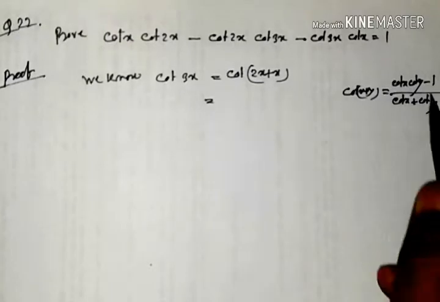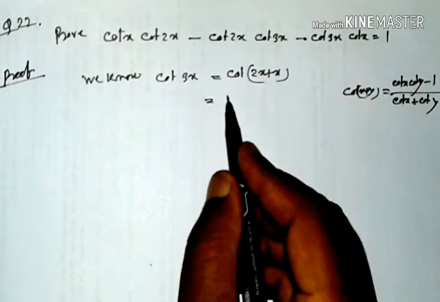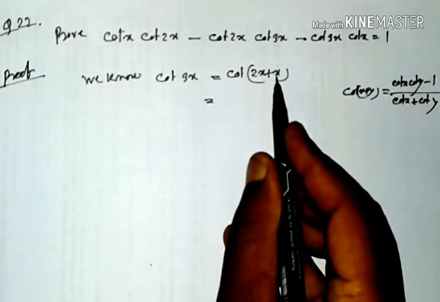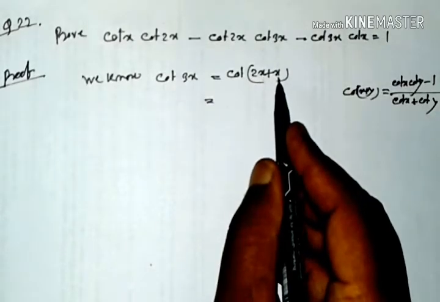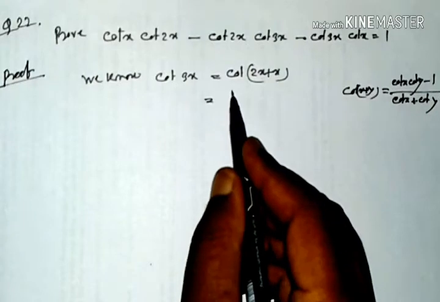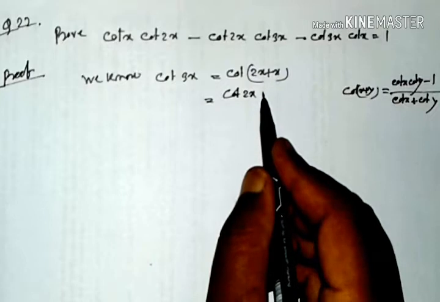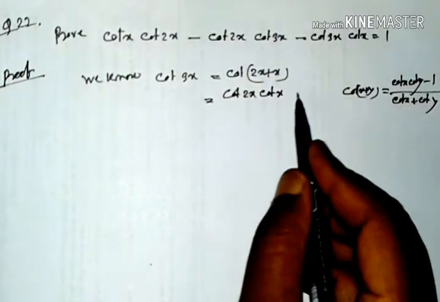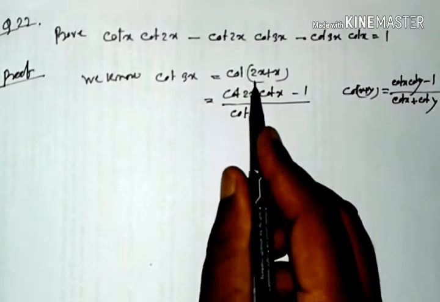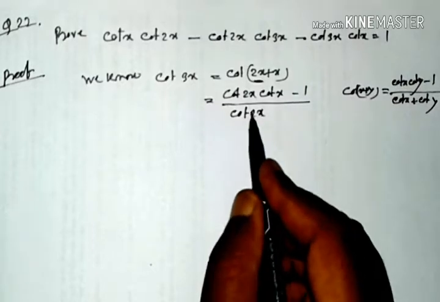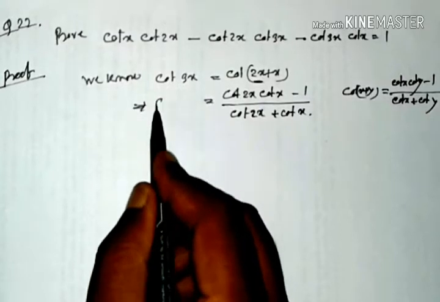Here we take x as 2x and y as x. Therefore we can write cot 3x equals (cot 2x cot x minus 1) divided by (cot 2x plus cot x).